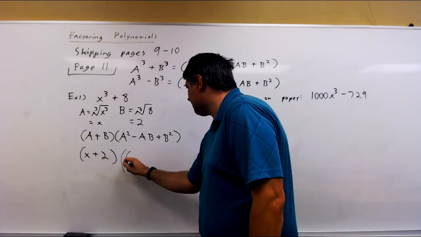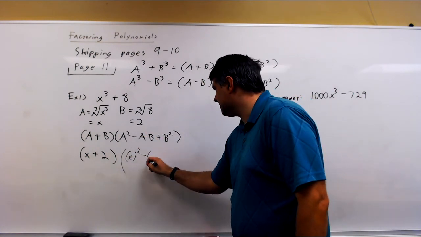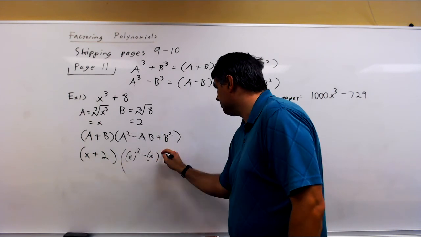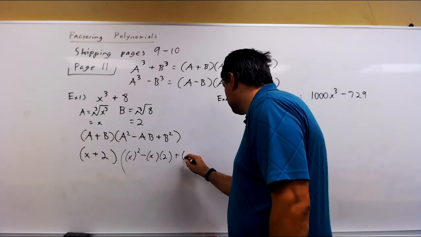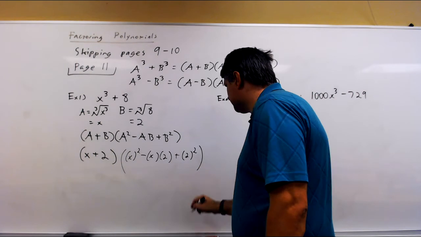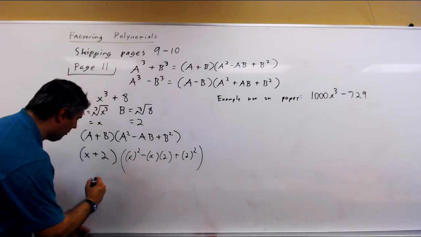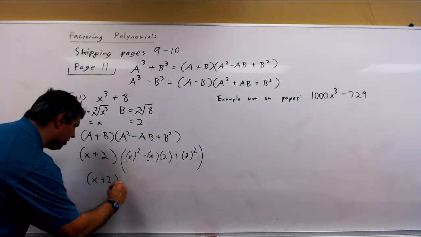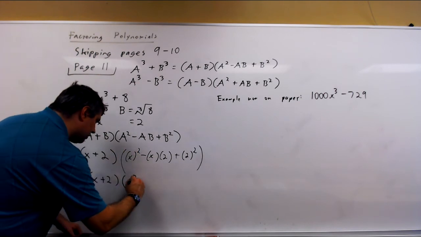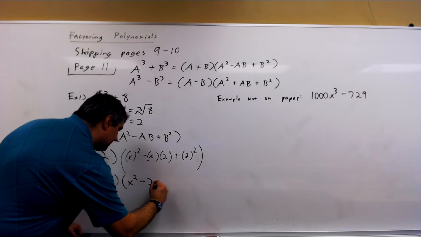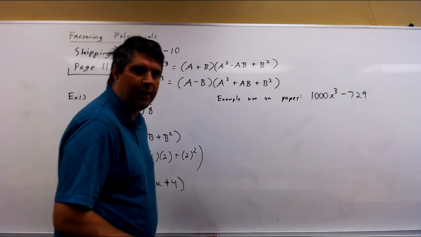So a will be replaced with x squared minus x times 2, and then plus 2 squared, still in parentheses. And this will not be changing. This will be x plus 2. You can shorten these now. x squared minus 2x, and then 2 squared is 4. And that's it. At this point, you're finished.